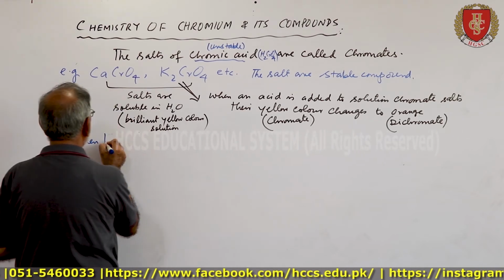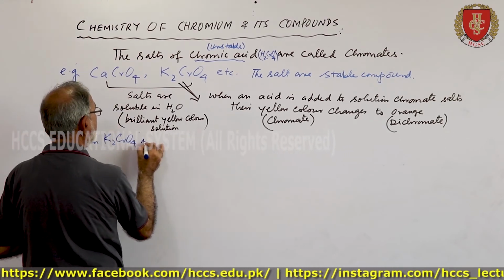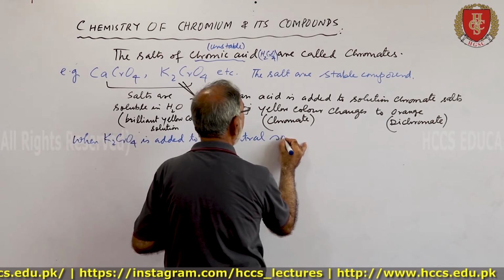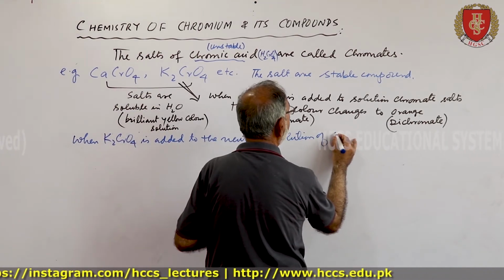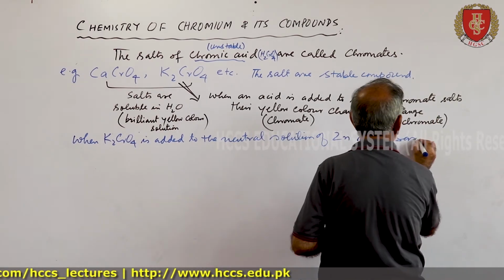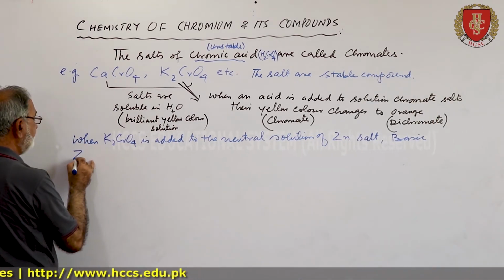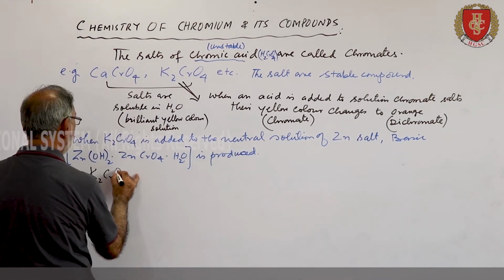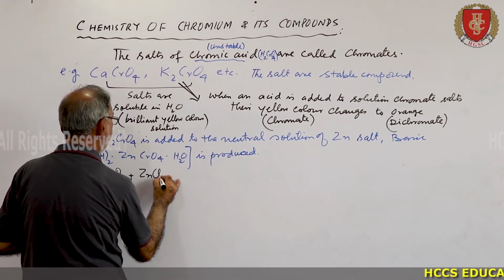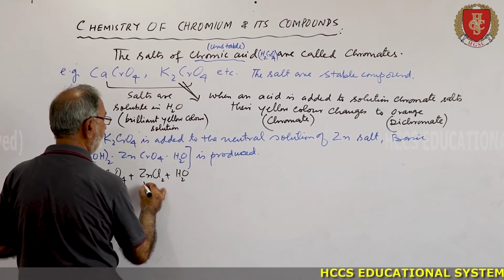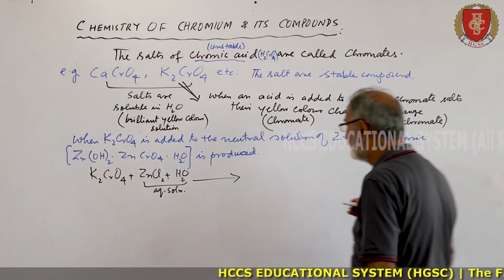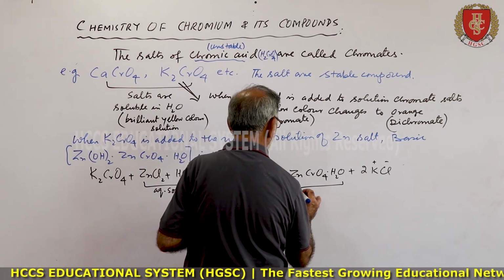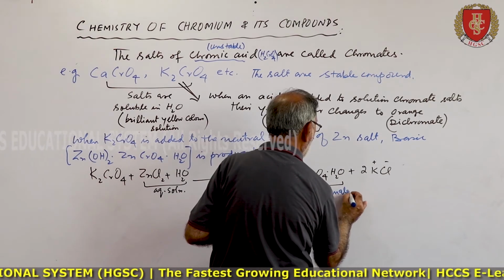When potassium chromate is added to the neutral solution of zinc salt, basic zinc chromate is produced: K2CrO4 plus ZnCl2 in aqueous solution produces zinc hydroxide, basic zinc chromate.